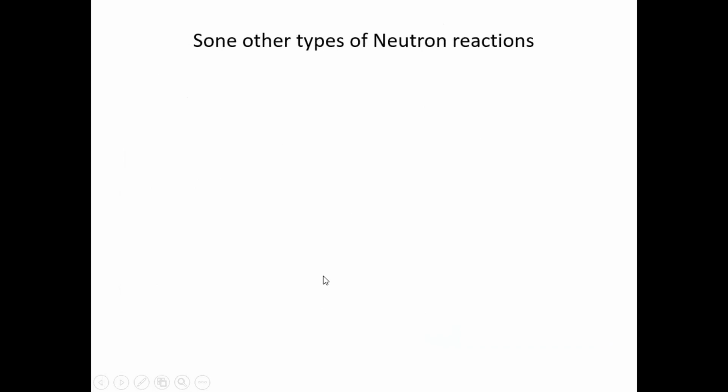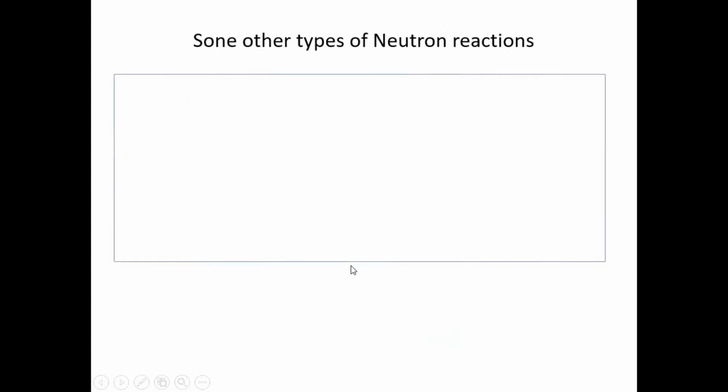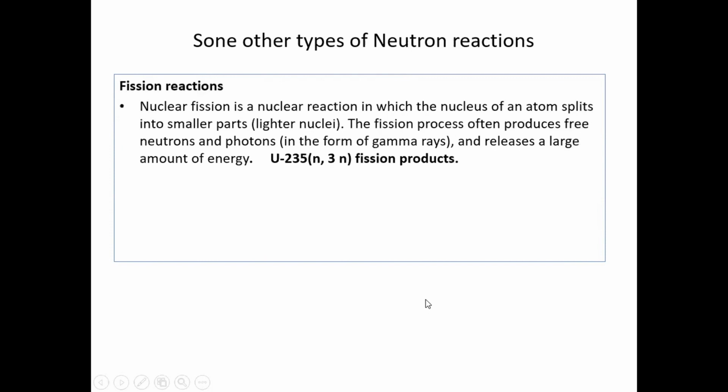Some other types of nuclear reactions are also of interest in nuclear physics, and one interesting reaction is the fission reaction. Nuclear fission is a reaction in which a neutron hitting uranium-235 splits it into lighter nuclei. More than one particle is produced as a product.